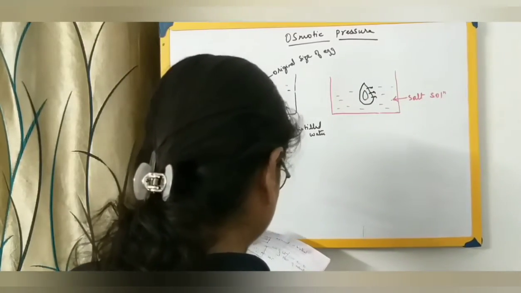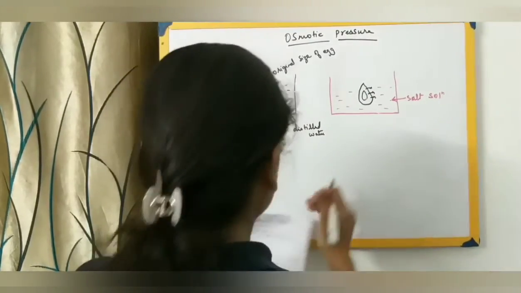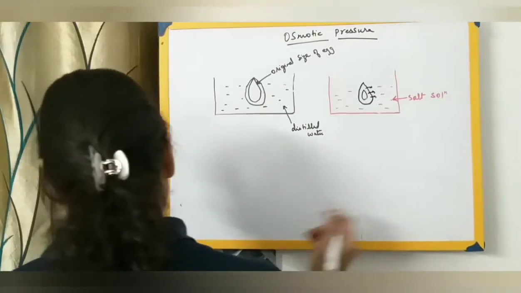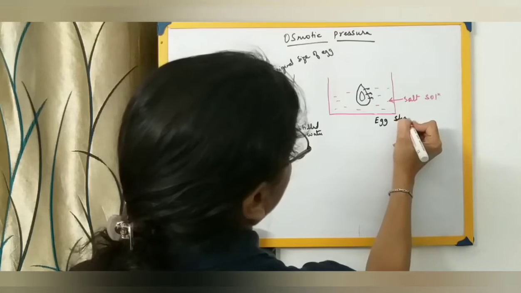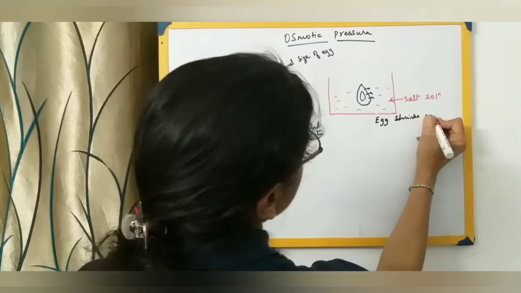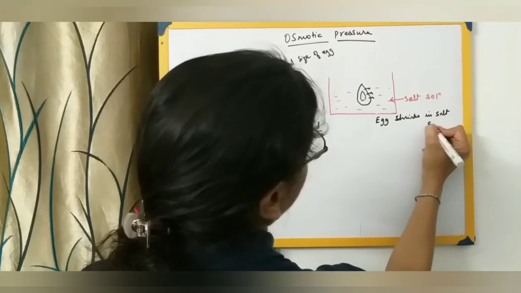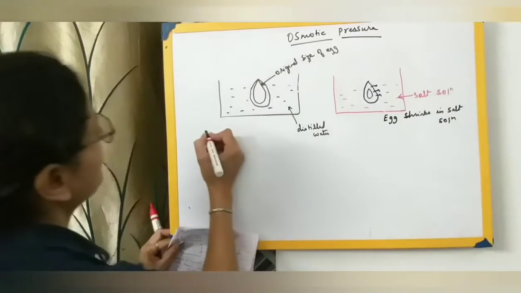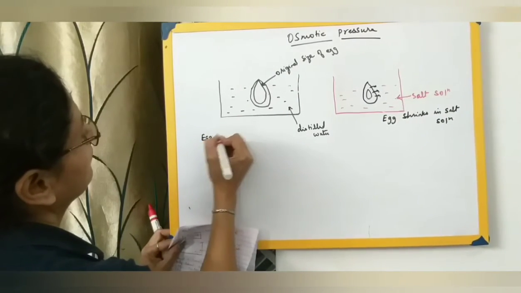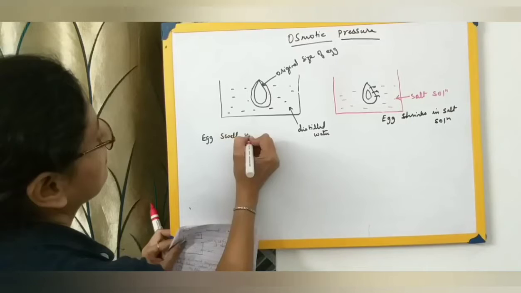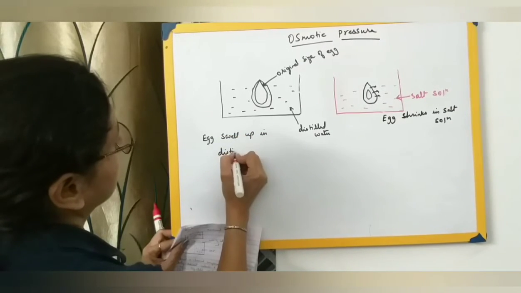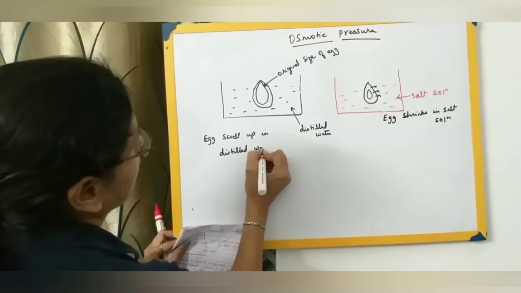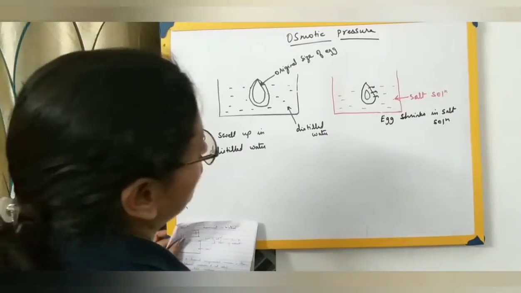So we can say the egg shrinks in salt solution, and here the egg swells up in distilled water. So you can see the difference what's happening over here in both of these.